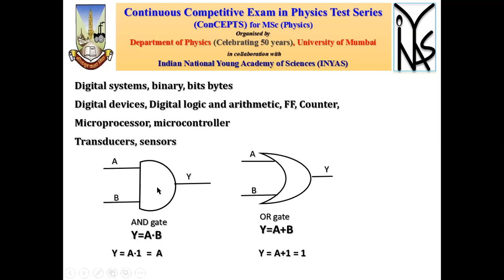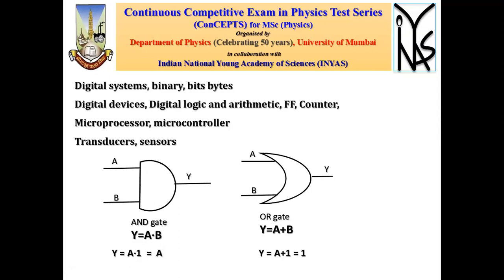I have just kept 2 examples for the logic gate. So this is an AND gate where you have the Boolean equation A dot B, and the status of the output Y depends on the product of the A and B input terminals. When both the inputs are high, only that time you will get a high output.